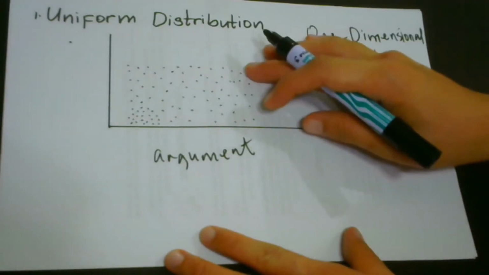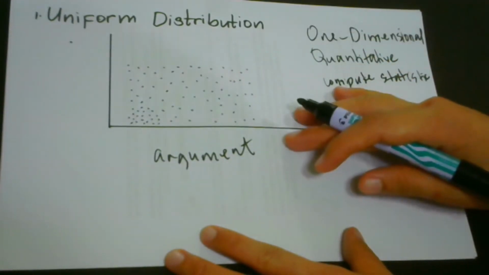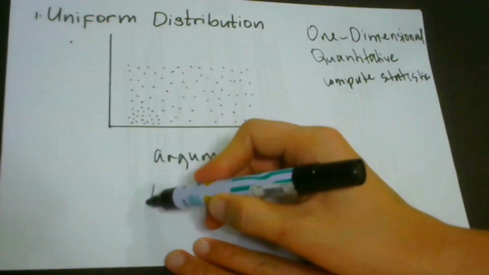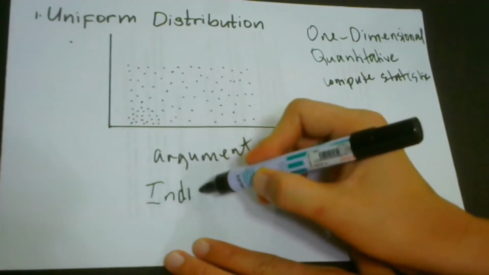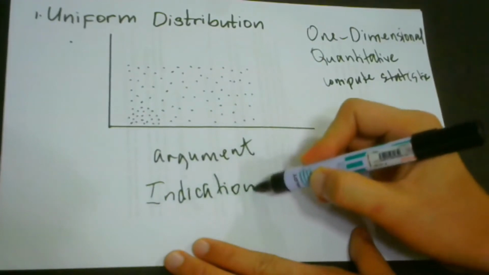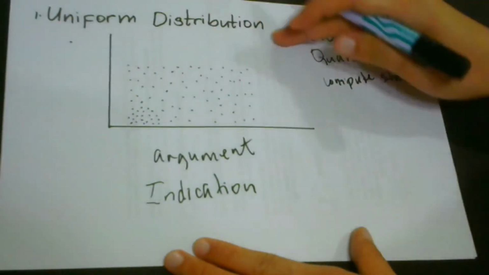Actually, there is an anomaly in this kind of distribution. And what we're going to understand first is what is an indication of an anomaly in a uniform distribution.